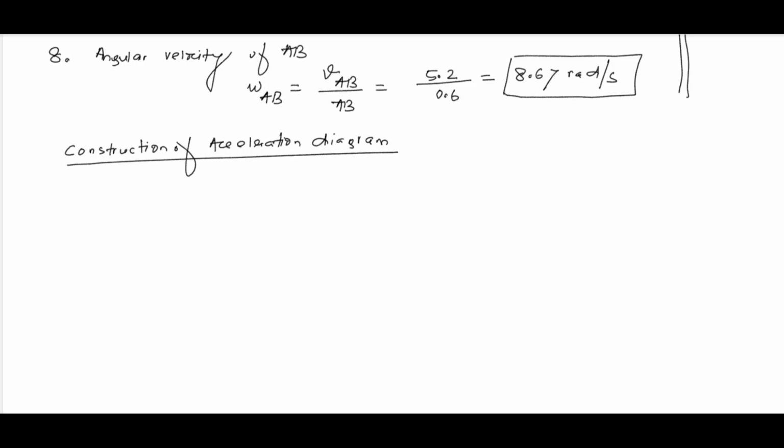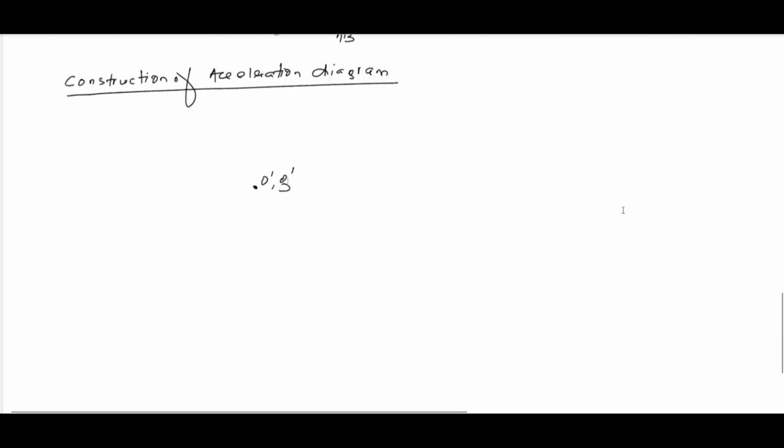So to draw this, first let me draw it, then I will write down the steps. Remember, first step is to choose a reference point here. Let it be O dash G dash, or you can name it as O1 G1 as per your reference.